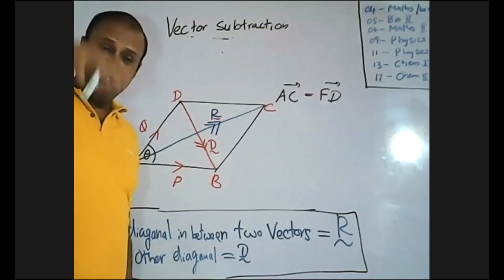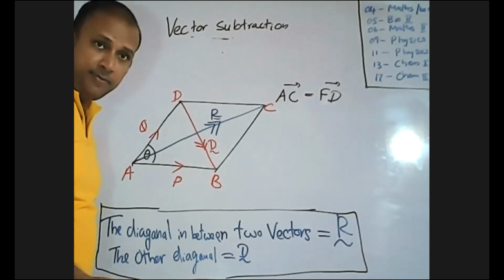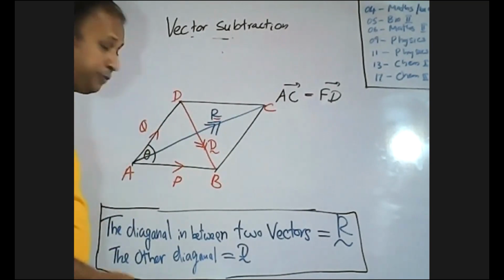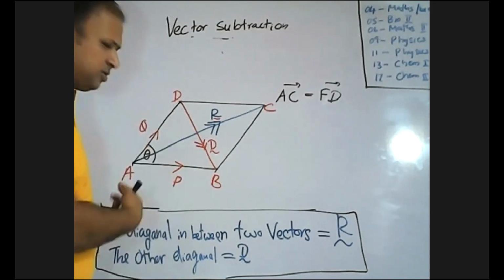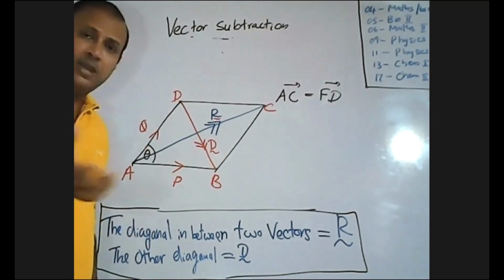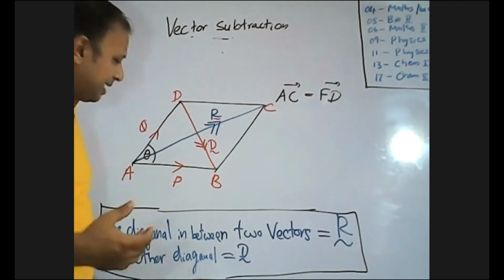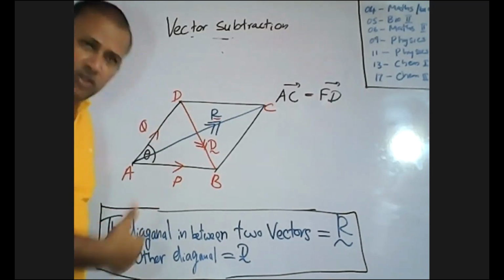So you have to clearly understand how you derive up to this level. Then you can remember this one. Once you answer the questions, you can simply remember the end result.